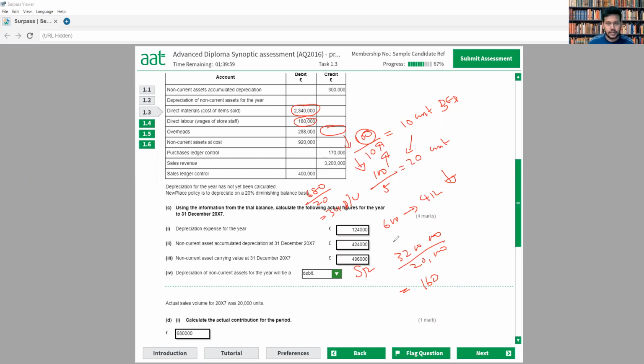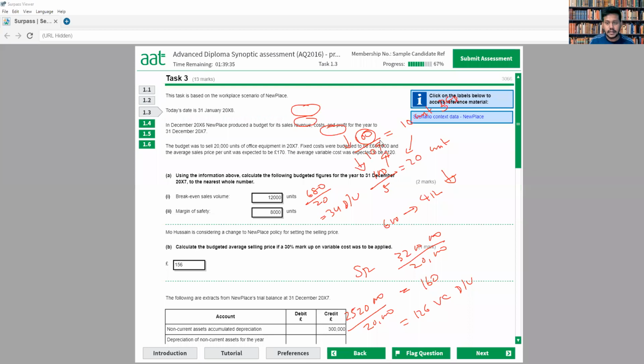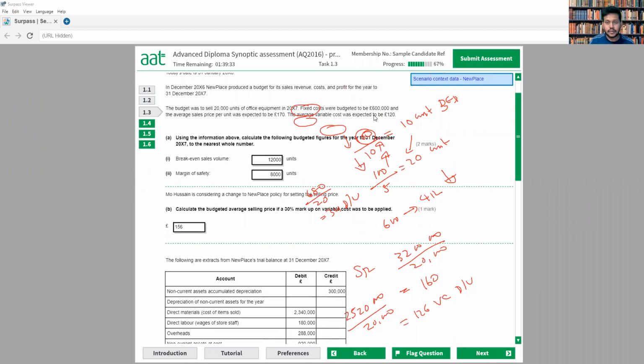That gives you 252,000 for 20,000 unit. So 126 is the variable cost per unit, the actual one. But the old one, the budgeted one, my variable cost was 120. That means the variable cost is also increased.